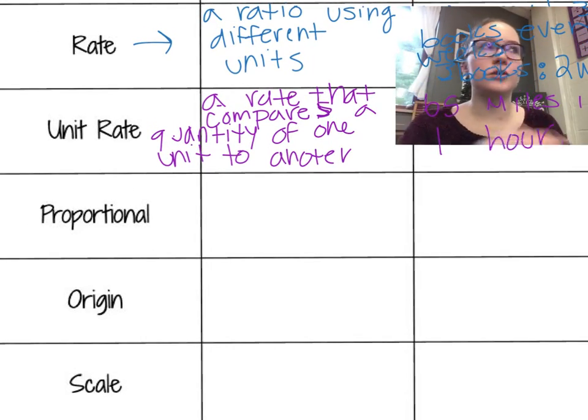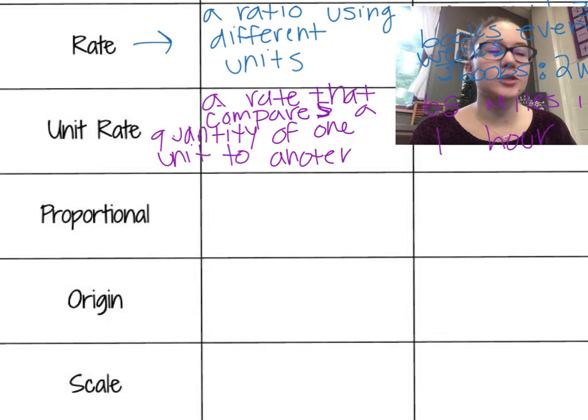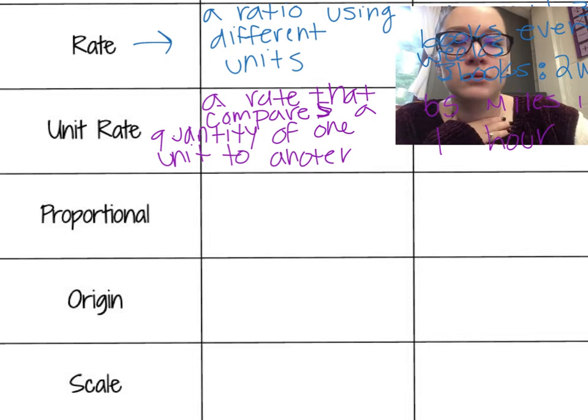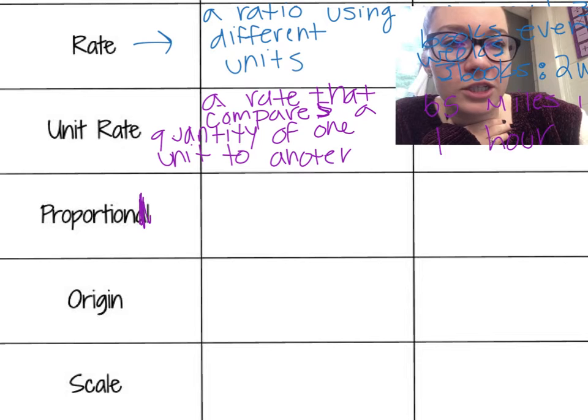Okay, proportional. What does it mean for things to be proportional or just a proportion? We'll just say a proportion. So scratch out the AL.